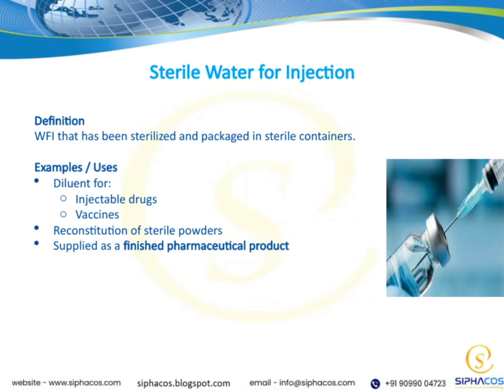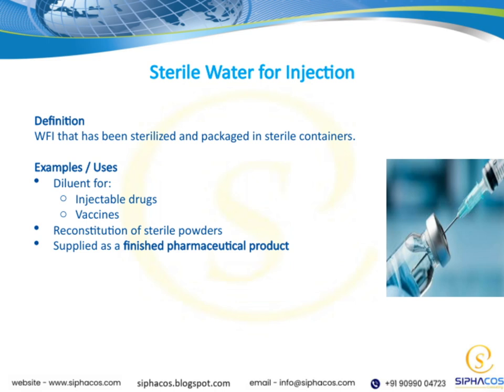In terms of applications, sterile water for injection is primarily used as a diluent, meaning it helps to dissolve or dilute other pharmaceutical substances. For example, it's used when preparing injectable drugs or vaccines, ensuring they are safe and effective for administration. It also plays a crucial role in reconstituting sterile powders, turning them into usable solutions.